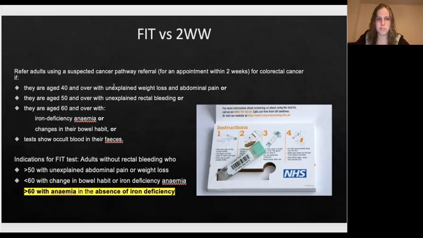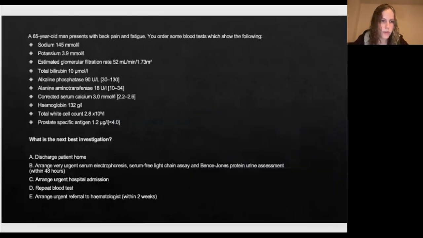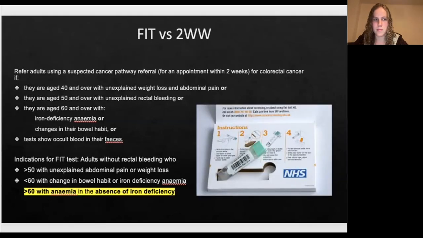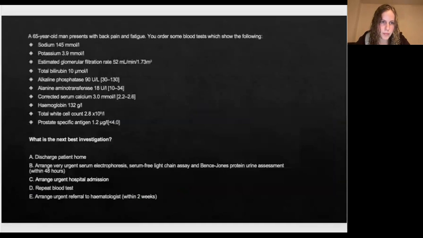And for the rest, I think the others covered this in terms of the 2-week wait of colorectal cancer, in terms of unexplained weight loss and abdominal pain. So I'm not going to go through that again, but here it is if you'd like. It's just to point out that sometimes iron deficiency anemia can be a sign of cancer, basically. Okay, next one.